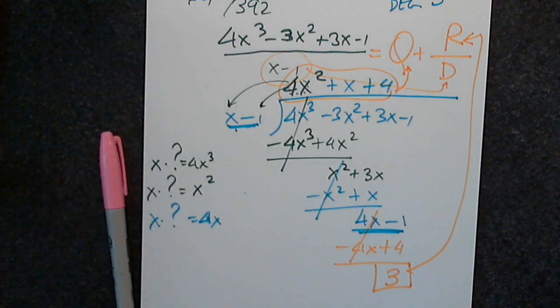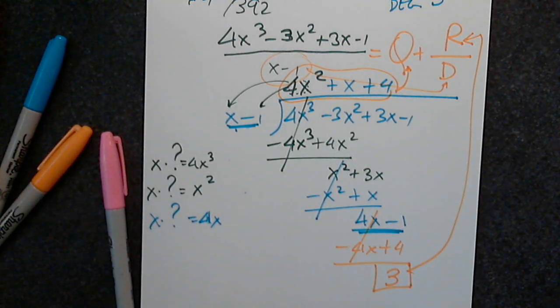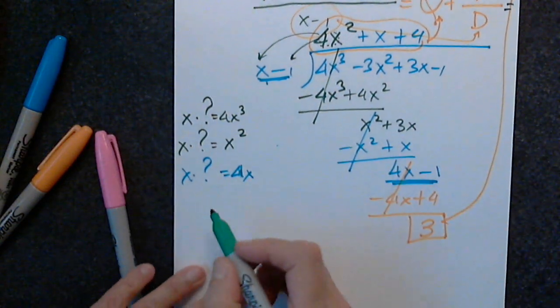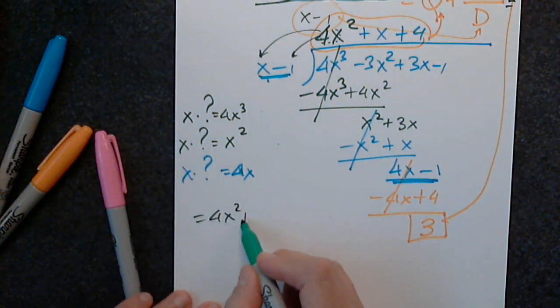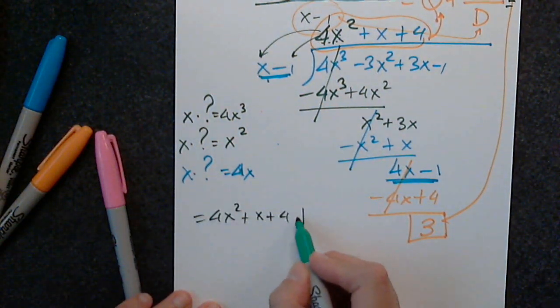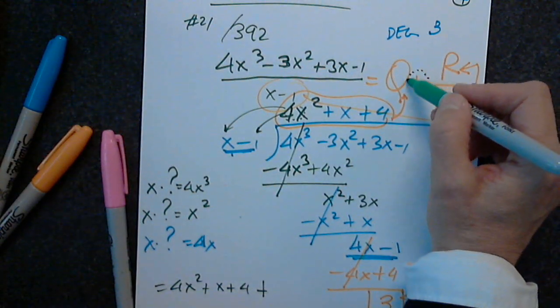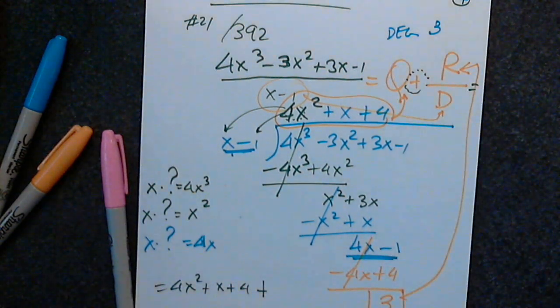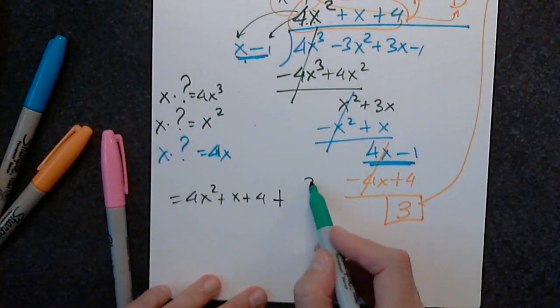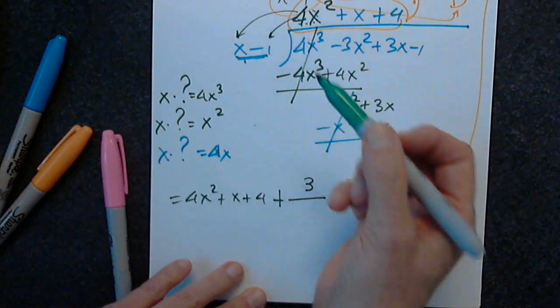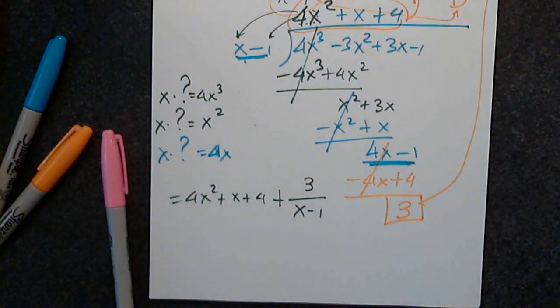Can anyone give us the final answer so we can write it? Yes, 4x squared plus x plus 4. Do not forget the symbol. Plus, in this case, plus 3 over x minus 1 indeed.